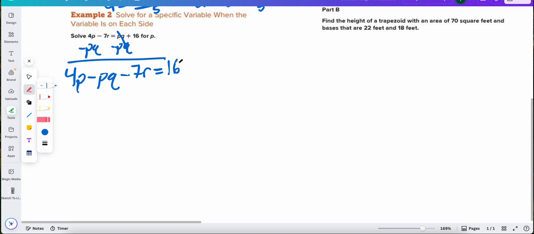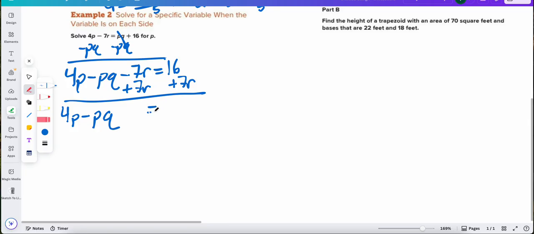Now we're trying to get p by itself, so I'm going to go ahead and move that r out of there. So I would add 7r to both sides. So then we get 4p minus pq equals 16 plus 7r. Now, quite a few people can get here, and then they're stuck because, like I said, 4p and pq are not like terms.